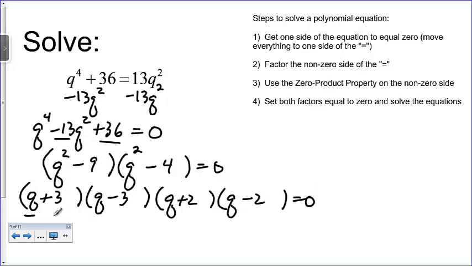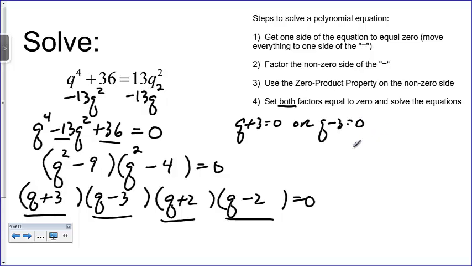Now look, we've got the product of 4 factors equaling 0. The principle of zero product says set each factor equal to 0, and I've got 4. So set all 4 equal to 0. q plus 3 equals 0, or q minus 3 equals 0, or q plus 2 equals 0, or q minus 2 equals 0. And that's going to give me 4 solutions.